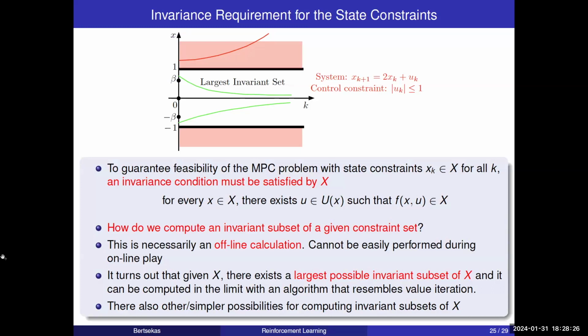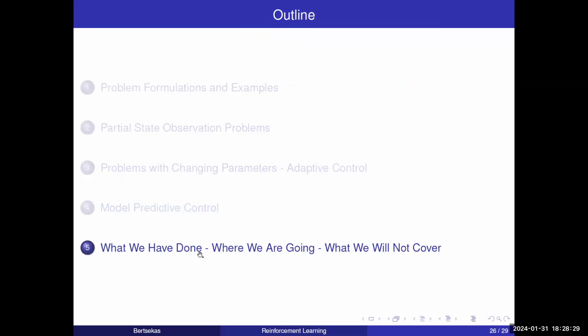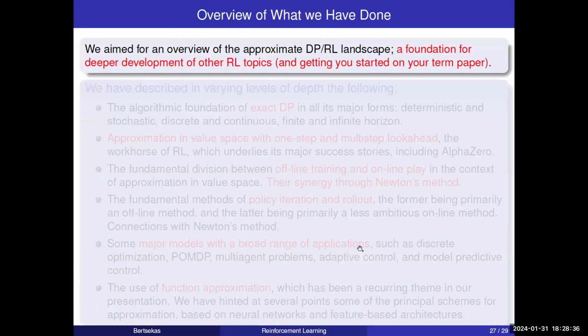So with this now, we have concluded the introductory 4-lecture portion of our course. And I have a couple of slides more that are overview. What we have tried to do is to set a foundation for a deeper development of reinforcement learning topics in future lectures, and also importantly, get to a stage where you can get started with your term paper.